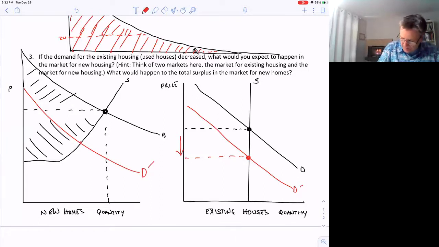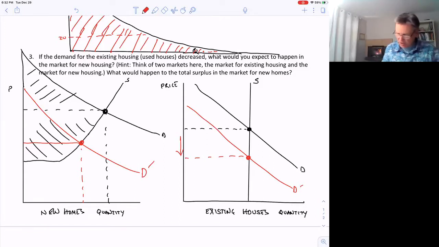And there'll be a new equilibrium. What we'll see is the price of the new homes falling and the quantity falling too. Maybe it'll fall to the point where the builders won't build any new homes at all.